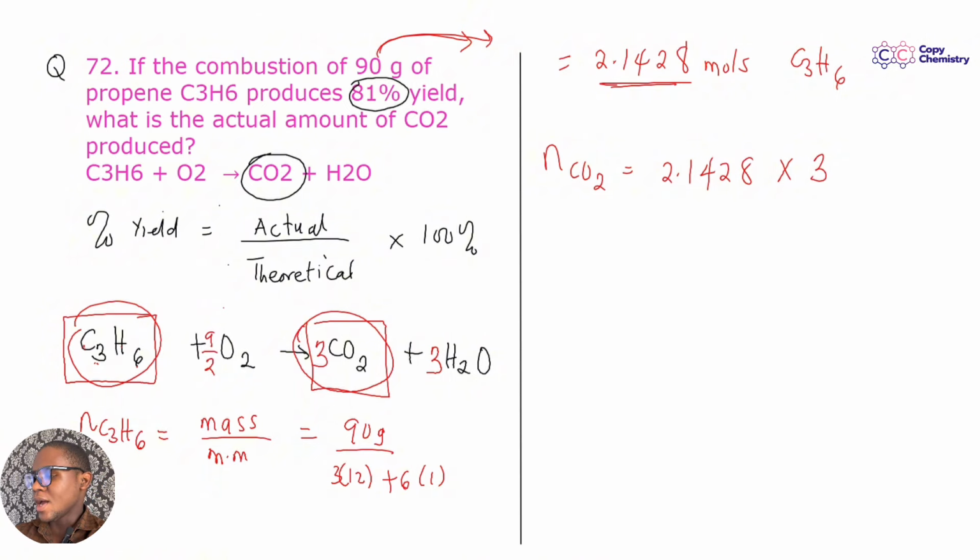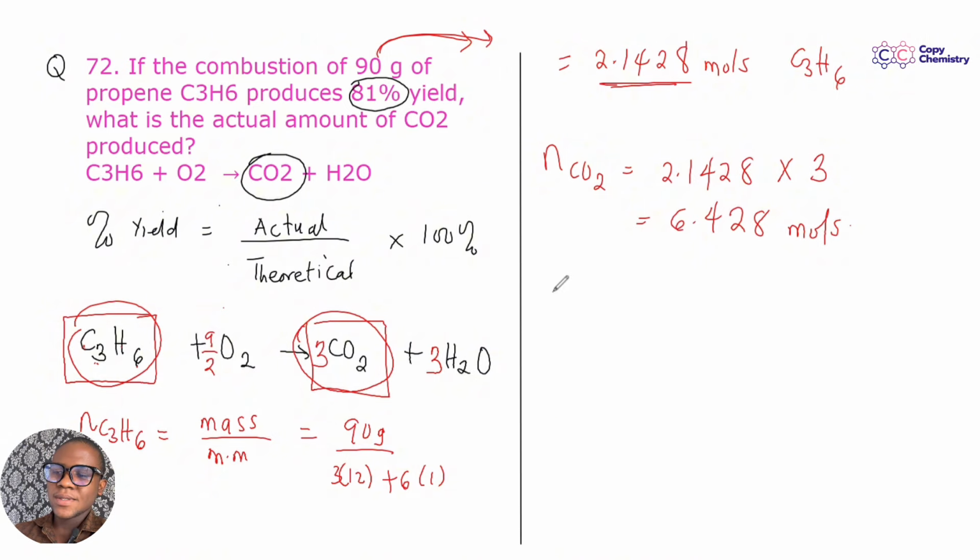See that? And that would give us 6.428 moles. If any part of this explanation is not clear to you, let me know in the comments so that we'll try and explain it to you. So yeah, this is where we've gotten to so far, the number of moles of CO2.